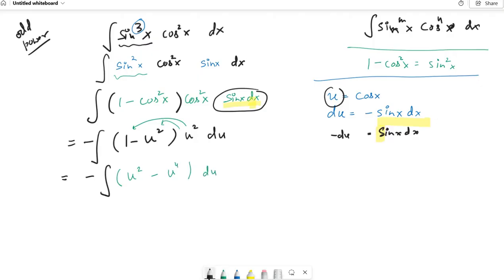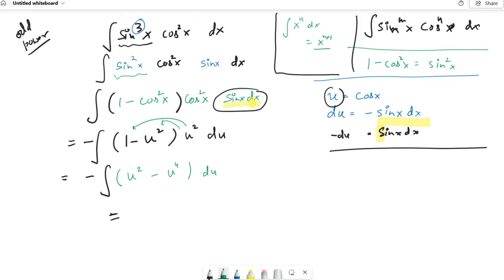And now this is a very simple integral using the power rule. If you remember, our power formula is the integral of x to the power n: add one to the power, divide by the new power. So we can use that here. u to the power 3 by 3 minus u to the power 4 plus 1, 5, by 5.